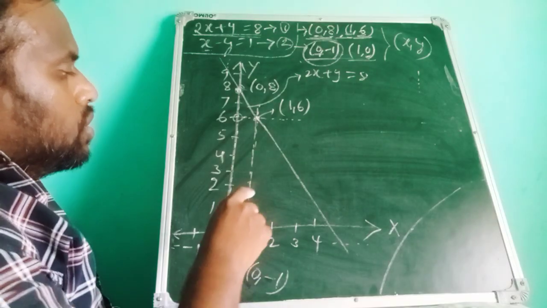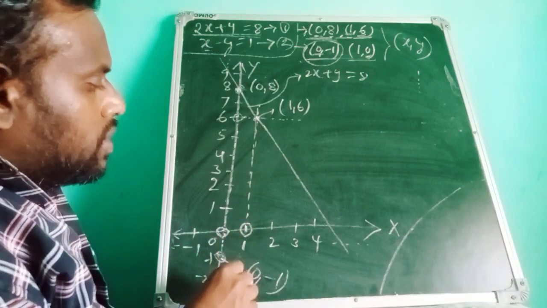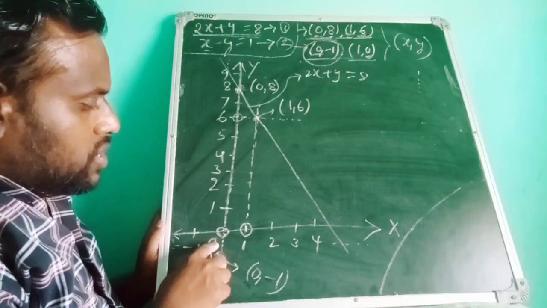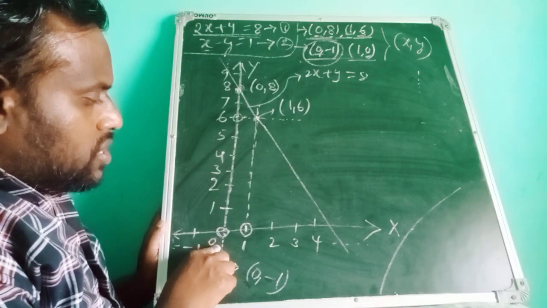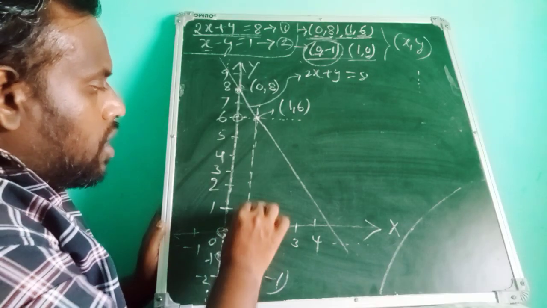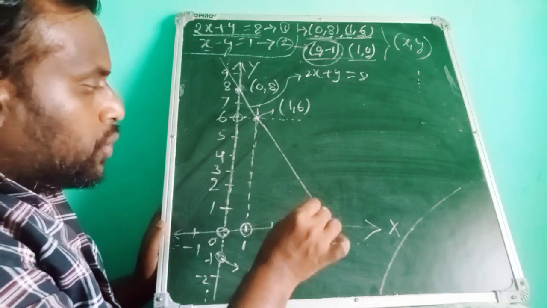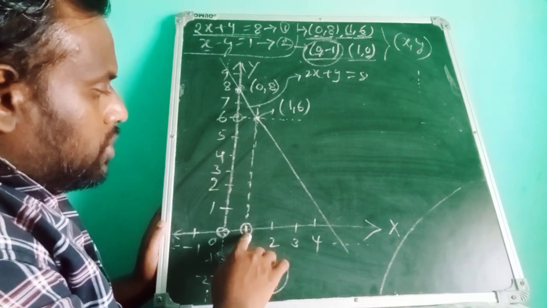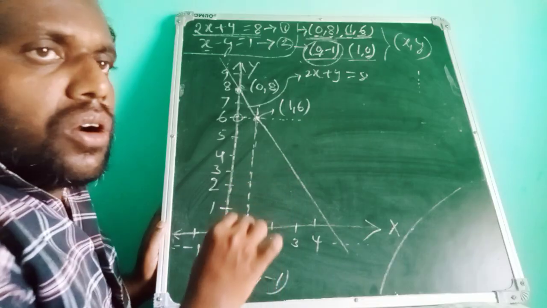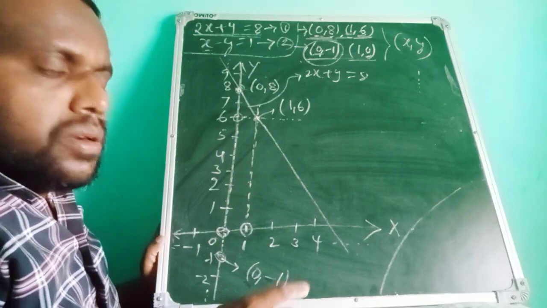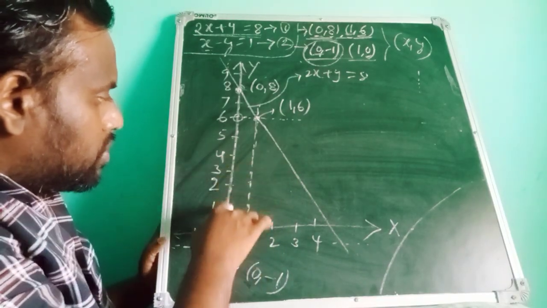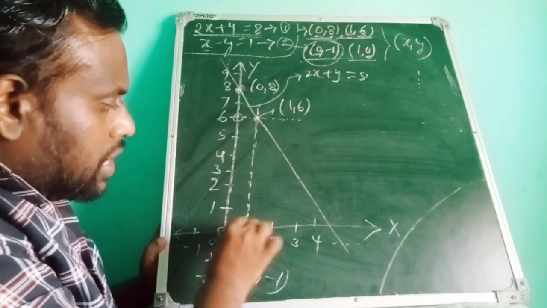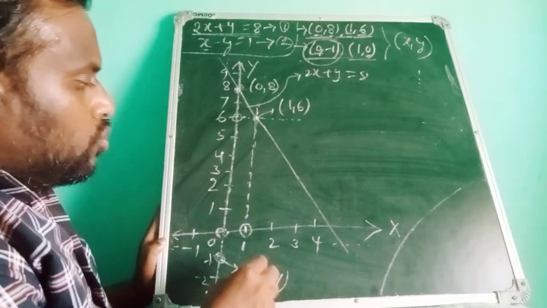So here y is equal to 0 is there. 0 is here. From 1 we can't draw dotted lines like this. From this one, in this direction we cannot draw the dotted line because 0 is not here. 0 is here only, on this line only.